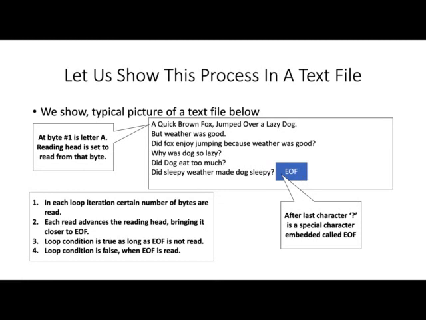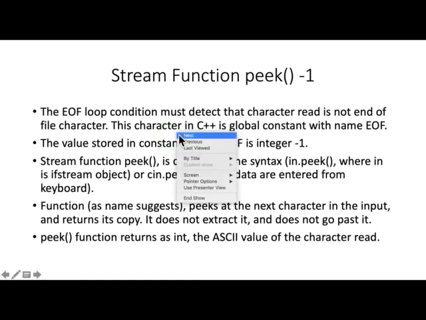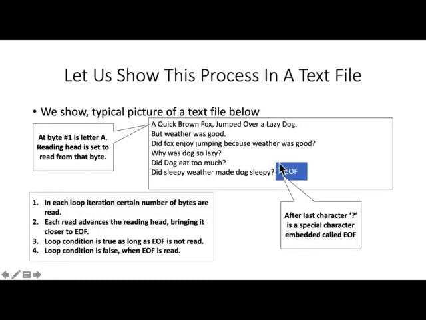Okay? So now I've said quite a few times the name of the peek function. Let's talk about that. String function peek. The EOF loop condition must detect that the character read is not the end-of-file character. Okay, so in the previous slide I showed you that in this blue box, but actually in every text file there is a hidden character that's automatically placed in the file.